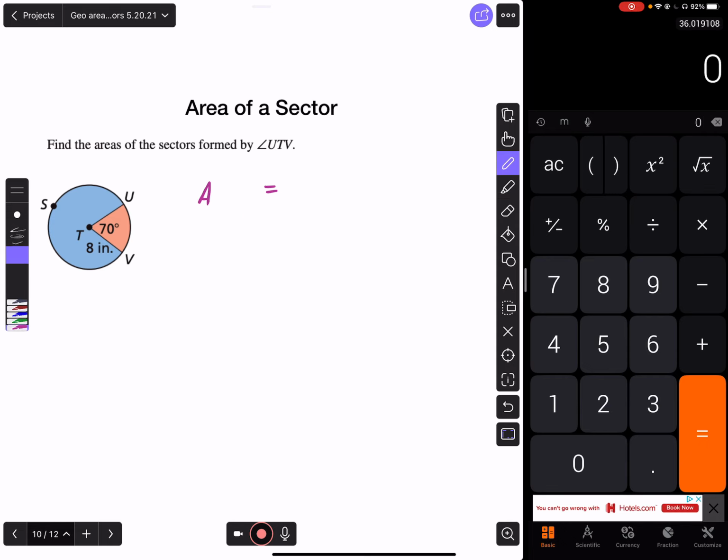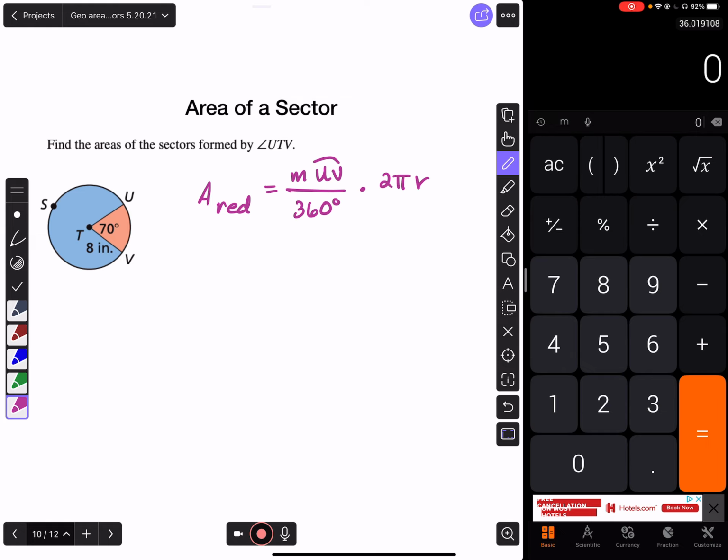In fact, I'm going to use that instead. Area of red is equal to, well, let's find out how much of the circle it is. So this is the measure of the angle UTV over 360 degrees, the measure of the entire circle, times 2 pi r, the area.